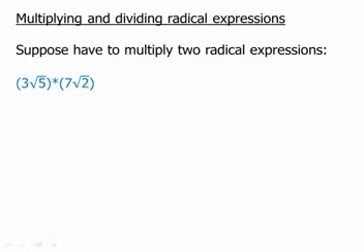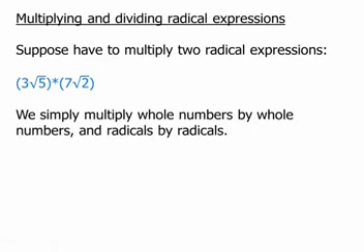So suppose we have to multiply two radical expressions. Now think about this. There's a lot of multiplication here: 3 times the square root of 5 times 7 times the square root of 2. So really what we have here are 4 separate factors multiplied together. Of course, these 4 factors can be grouped in any way.